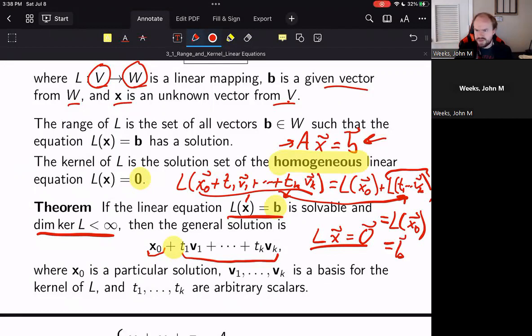Now, if you get a part of your solution such that L of x equals 0, you can always add that in thanks to the fact that this is a linear equation, right? You can break it apart and say this is equal to 0, so I don't have to worry about it. This L of x naught is the only part that has to be equal to b. That is what's contributing to our particular solution. So that's why the general solution looks a little bit like what we saw from differential equations.